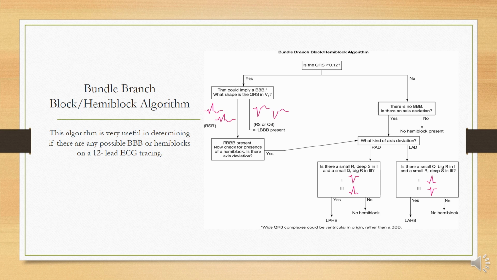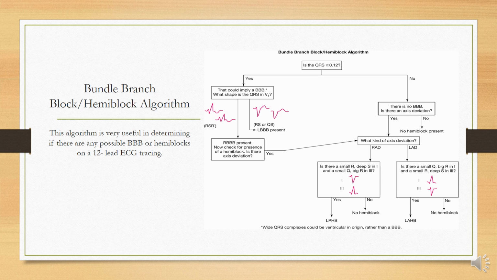So if you answer yes, it indicates that we possibly might have a BBB, but which kind? Is it a right or is it a left? So if we look at V1 and we see an RSR prime like these pictures here, then we have a what? Yep, you're right. A right bundle branch block may be present.